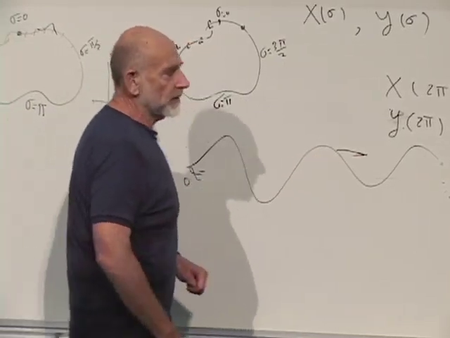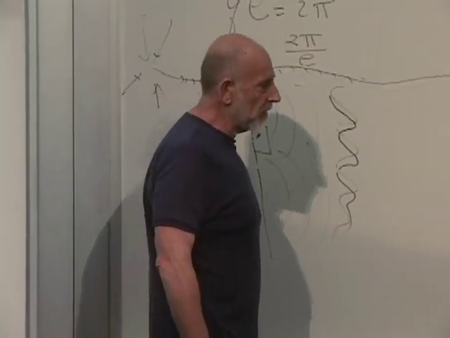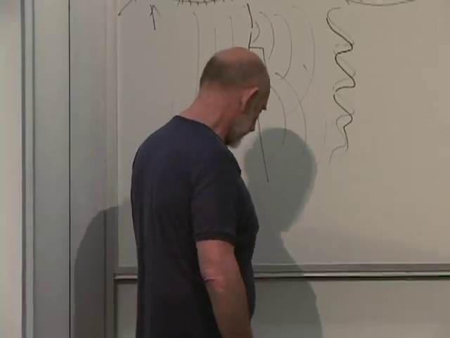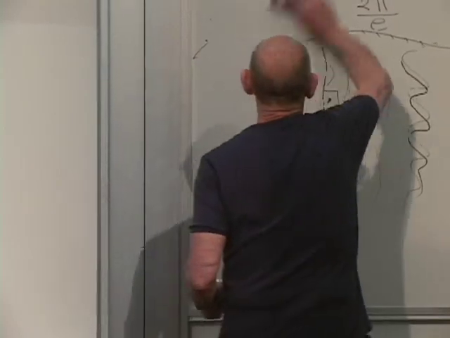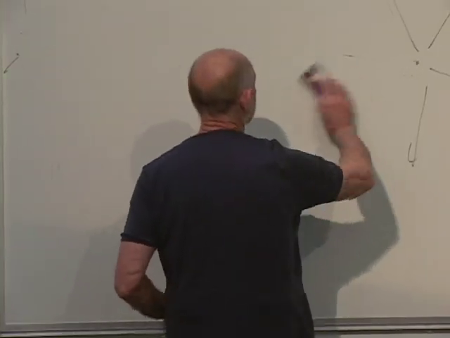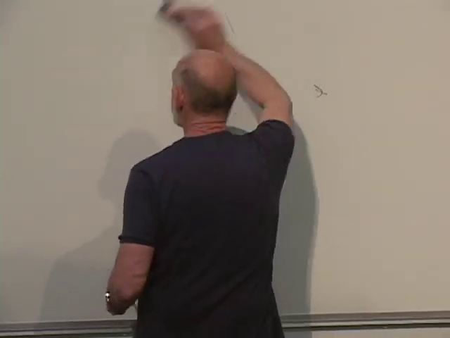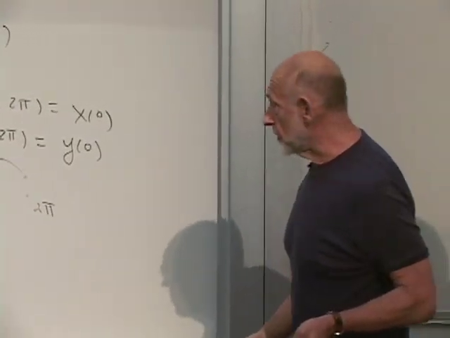Now it's convenient to describe the waves not by sines and cosines, but by exponentials. Let's erase this over here. Exponentials are just linear, e to the i sigma, e to the i n sigma. Exponentials are just linear combinations of sines and cosines.